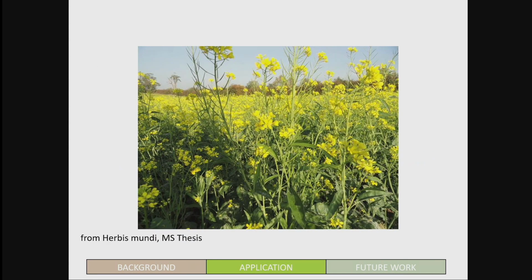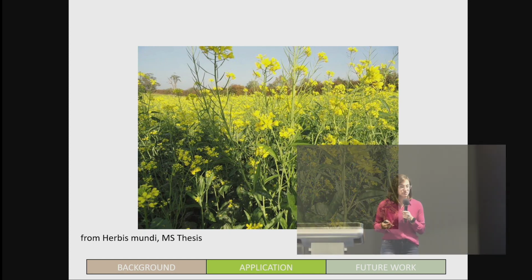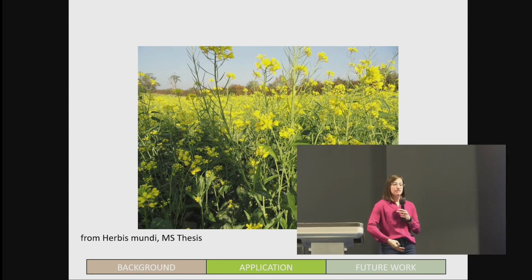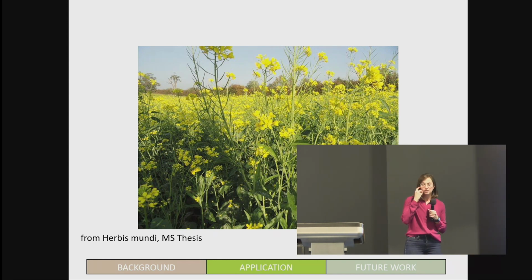And so for this, and for even current and ongoing work, we have focused almost exclusively on Brassica juncea, which is an Indian mustard. So Brassica is a family of plants that have shown to be great hyperaccumulators of a wide range of metals. So this means that they can take very low concentrations in the soil and end up with very high concentrations in plant material.